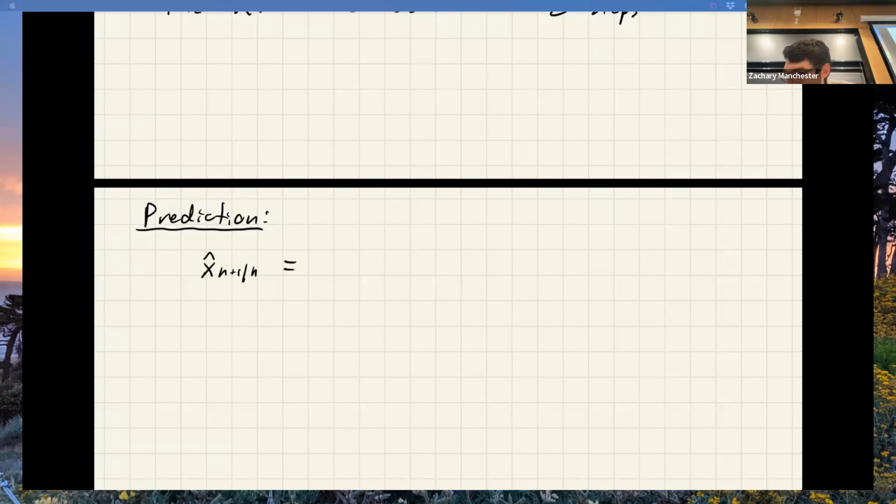And if I were to write this out in detail, this is the expectation, and I'm going to plug in my noisy dynamics from last time. So if I have x k given k, I just plug it into the dynamics, right? So I got the following thing. And I've got my noise on there from last time, remember? And then this is all conditioned on y 1 to k.